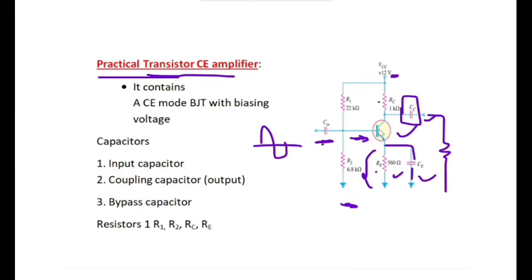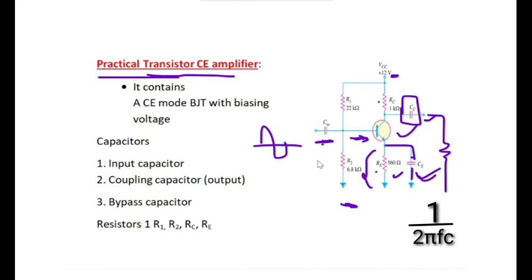The AC signal will be transferred through the CE capacitor, and any DC will be blocked by CE, and the biasing will not be disturbed because the voltage drop at RE is constant. The AC signal will not disturb RE, and RE will not disturb the AC signal. For that reason we are using the CE capacitor.